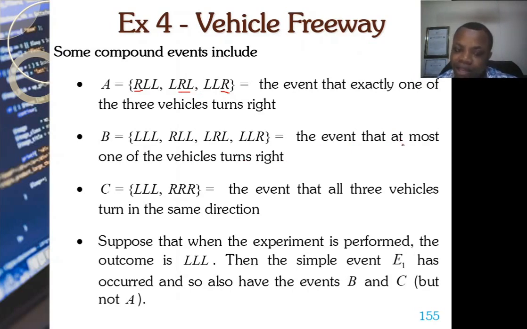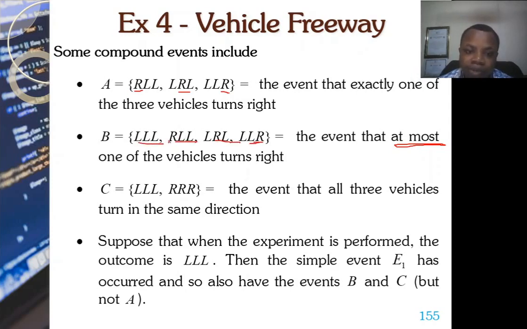Also, we could think of an event that at most one of the vehicles turns right. Now this is an English word, at most, meaning that not more than one car turns right. It could be that only one car turns right or no car turns right at all, because of this term at most. And the only situation where this could occur is when we have these events.